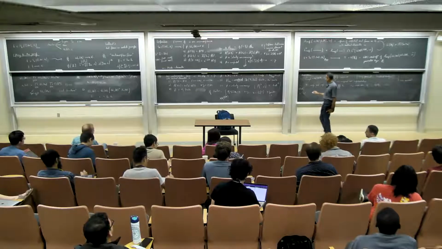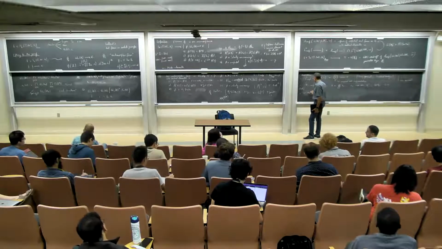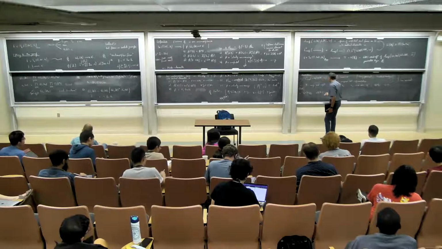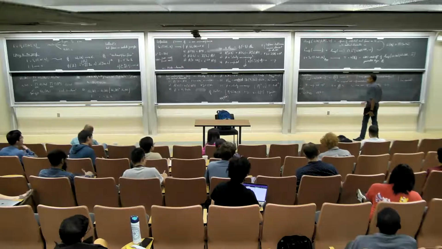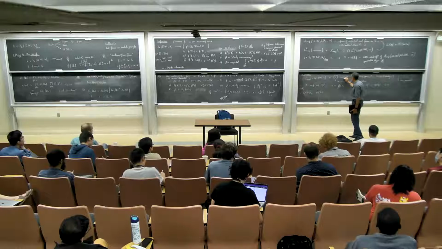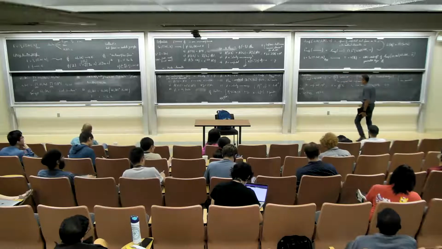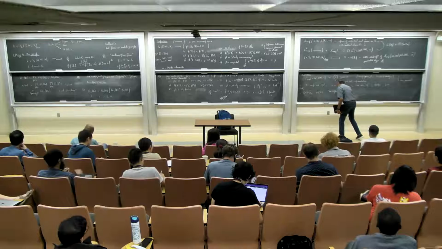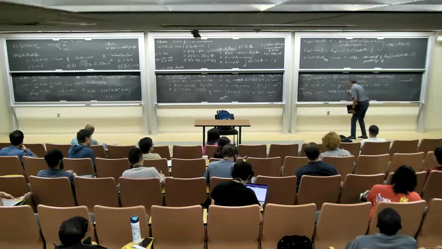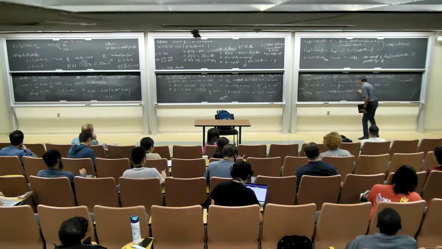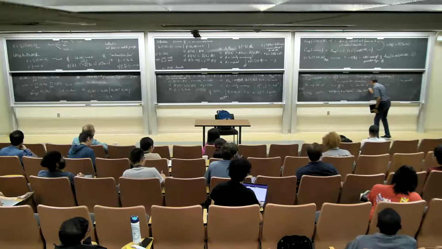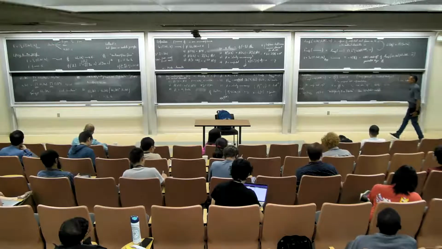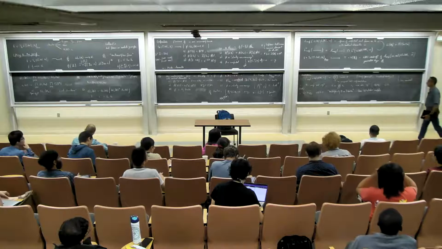If I take G to be GL_n, for a number field, all these multiplicities are one. Or maybe I should say less than or equal to one. Whatever appears, it appears with multiplicity one. This is called multiplicity one, and this uses Whittaker models, which you saw this morning, the global version of what you saw locally this morning.